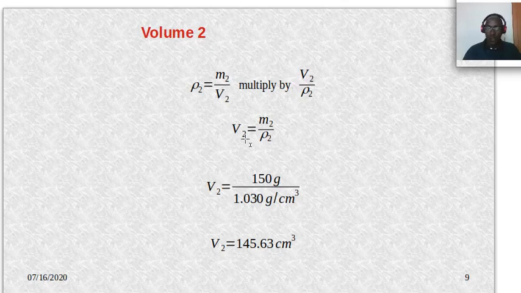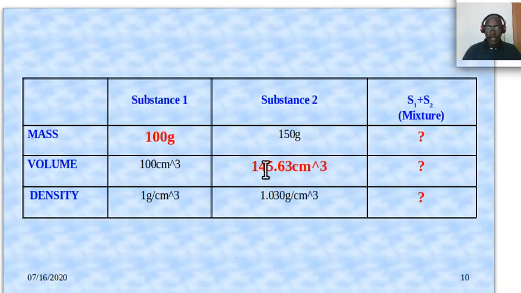So you are going to get V2 equal to M2 over rho 2. We have the mass of our substance 2, and we have the density of our substance 2. So you simply substitute, and if you solve that, you are going to get the volume of substance 2 as 145.63 cubic centimeters. So we place that in the right box.